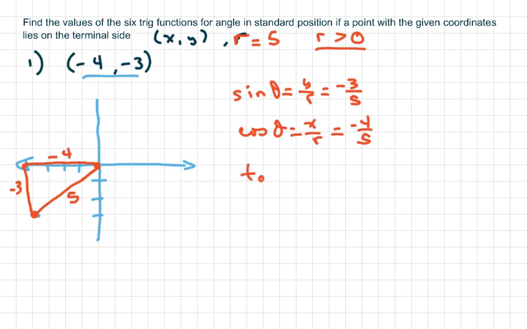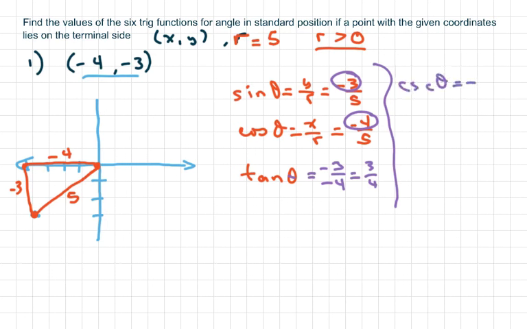And tan of theta, I'm picking these two, so that's -3 over -4, which equals 3/4. And then I just flip everything for the reciprocals. So cosecant is -5/3, secant of theta is -5/4, and cotangent of theta equals 4/3.